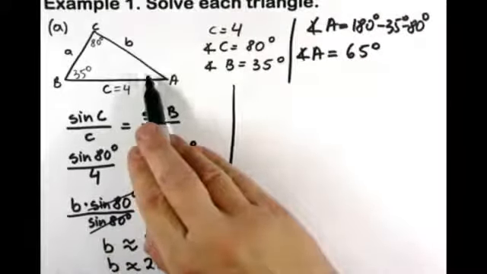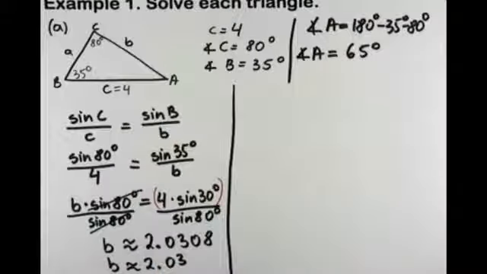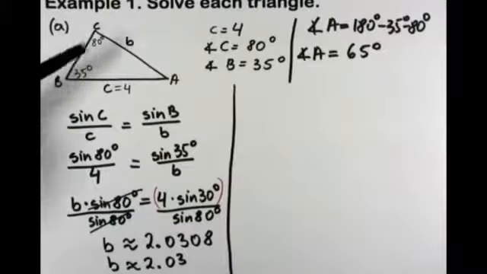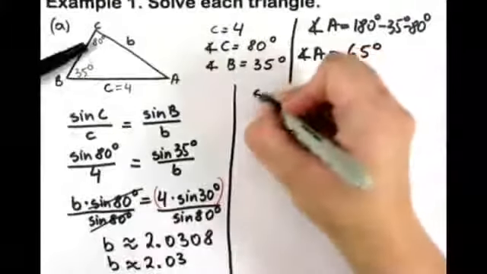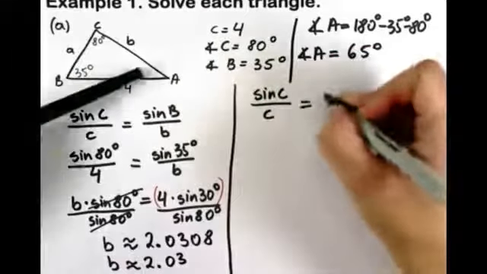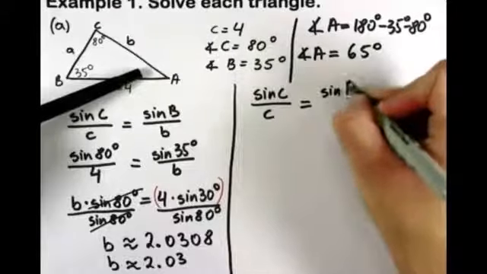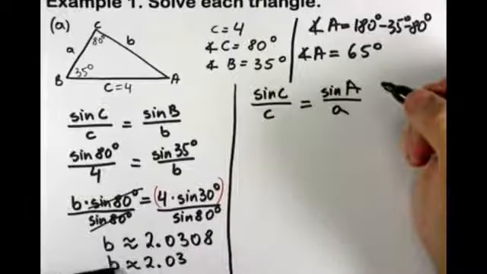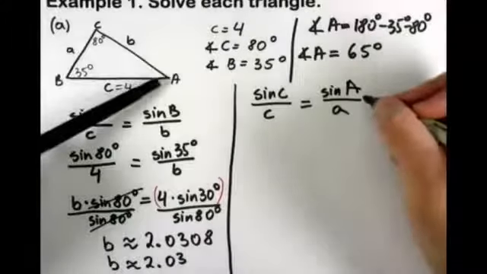And now we can use another ratio from the sine law. We're going to use the given data, angle C and side C, with angle A. So we have sine C over C is equal to sine A over A. You can use B, but if you make a mistake on B, you automatically have a mistake on A as well.